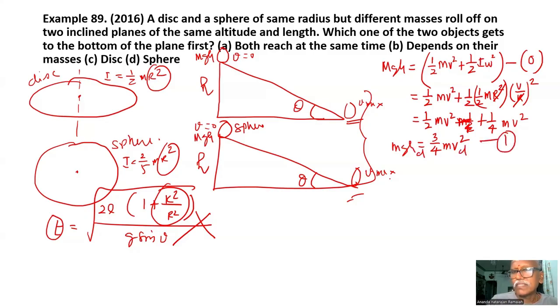Let it be 1. The same way we have to find for sphere, with a different mass.